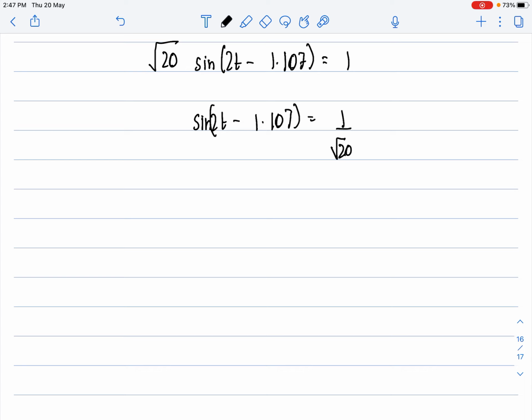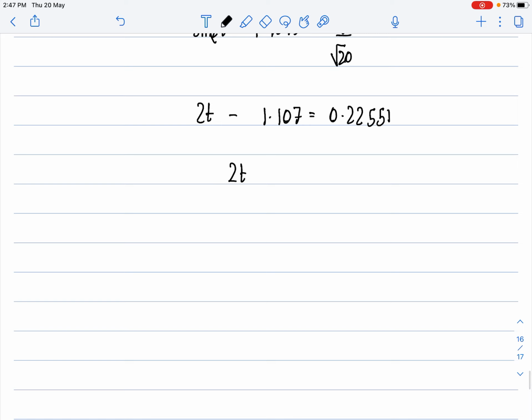When I do that, I get 2t minus 1.107 equal to 0.2551. So now 2t is equal to 0.2551 plus 1.107, plus, not minus, because it comes to the other side. When I do that, the value I get is 1.3325.